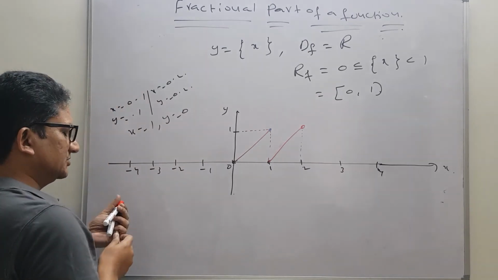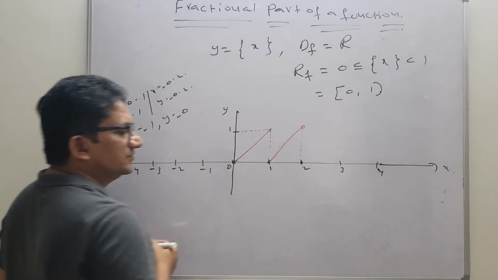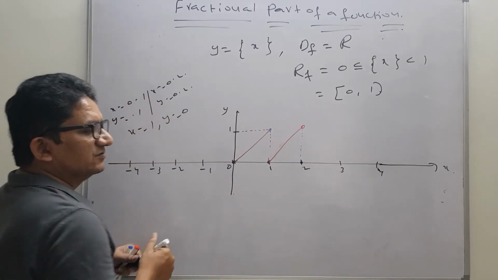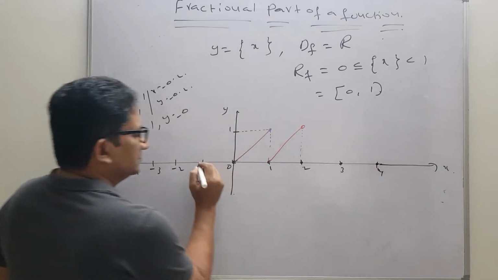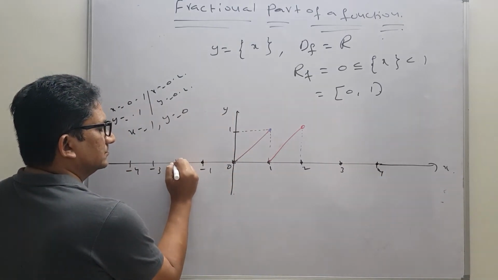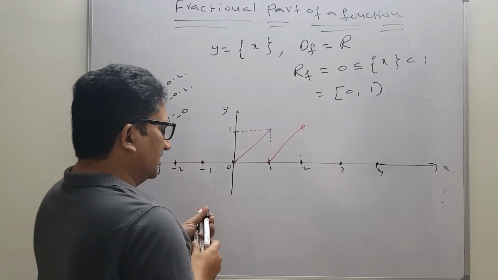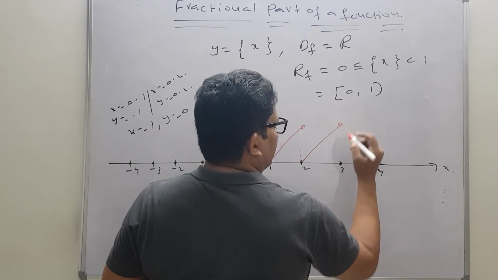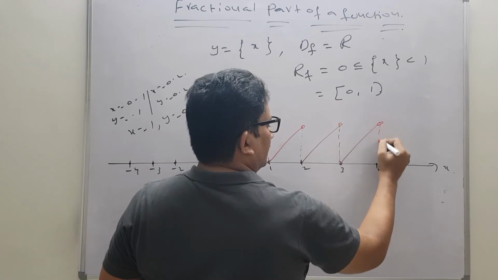And when x becomes 2, y becomes 0. When x is an integer, y is always 0, which means everywhere we keep a dark circle here. Now the graph will go like this, and here we get an air bubble exactly, and it goes like this, and here we get an air bubble.